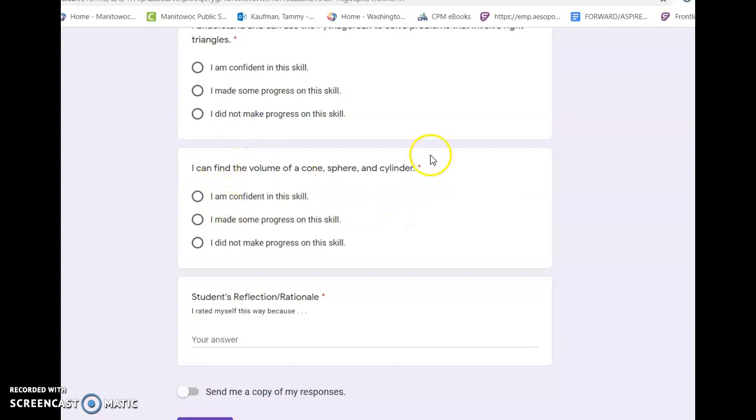You can go back and look at the assessment that we did, and in a minute I'm going to go into Google to show you where to look. You can look at the score you got and rate yourself here. If you got a 3 or a 4, you could put I'm confident in this skill. A 2 would be I'm making some progress, and a 0 or 1, I didn't make any progress on that particular skill.